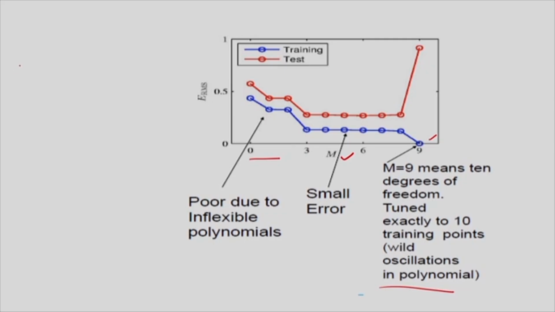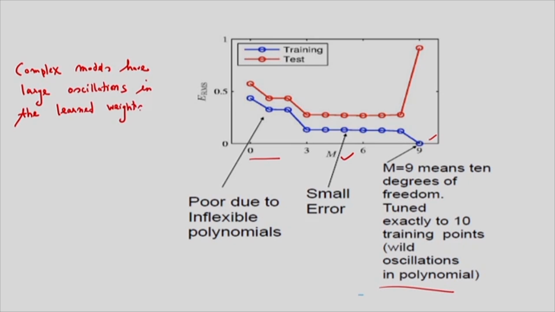So in summary, I can write like this: the complex models have large oscillations in the learned weights. So this is nothing but the case of overfitting.